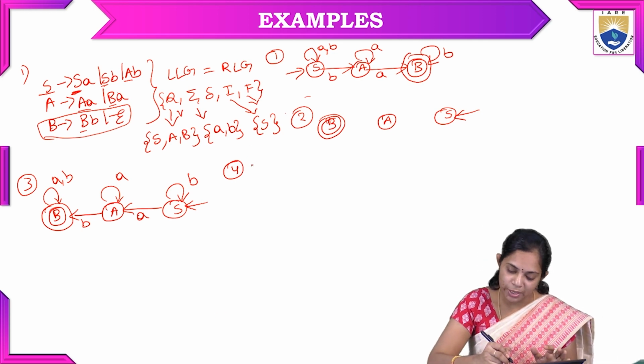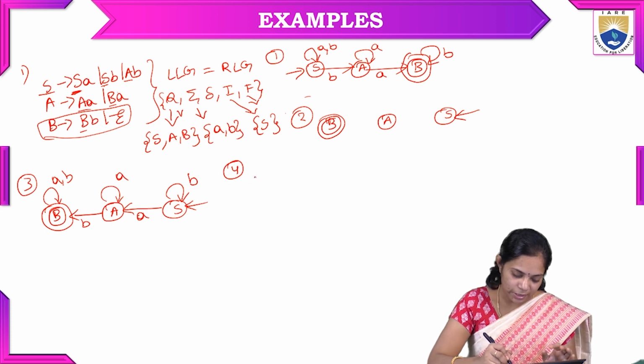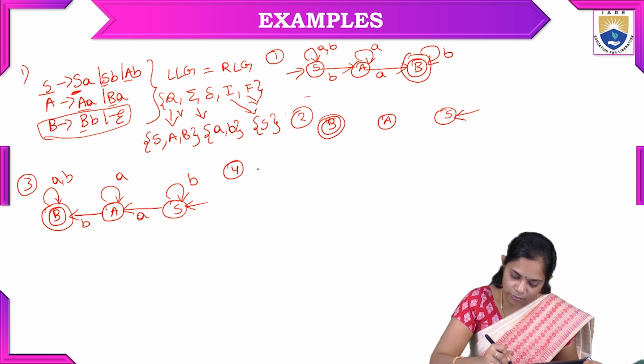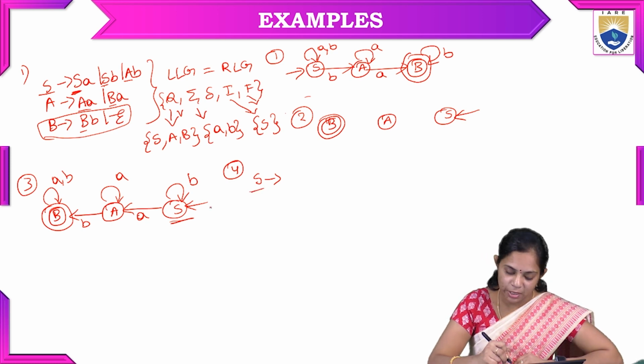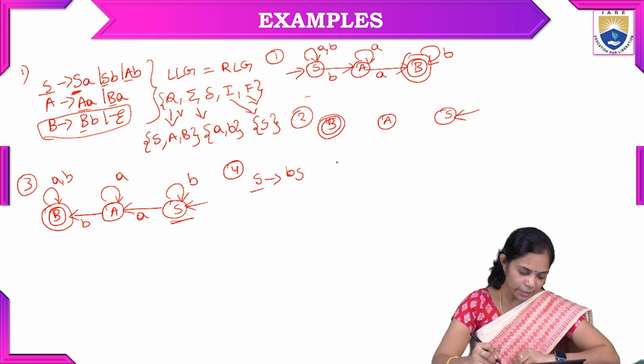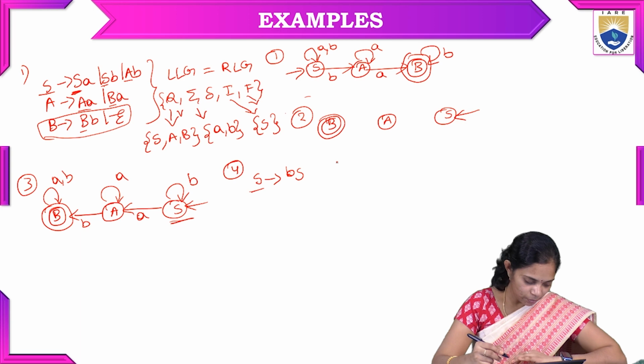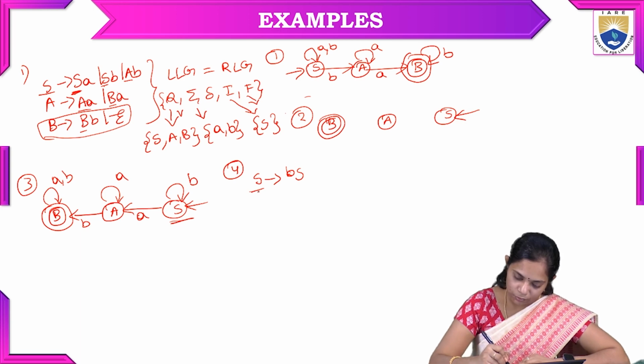We have to convert that transition diagram to production rules. So how to write the production rules for this given diagram? So here we will write starting from state S. Why? Because the starting initial state is the production rules' initial state, and here S tends to B, S, and here we have to write one more state, from A also it is there.